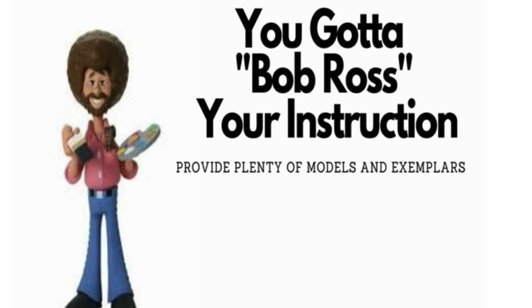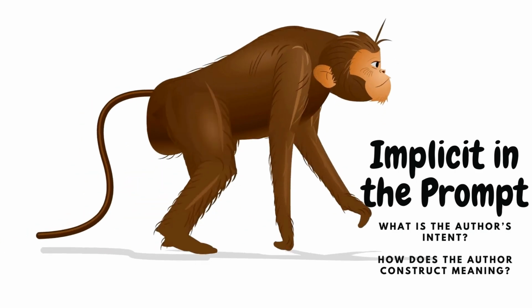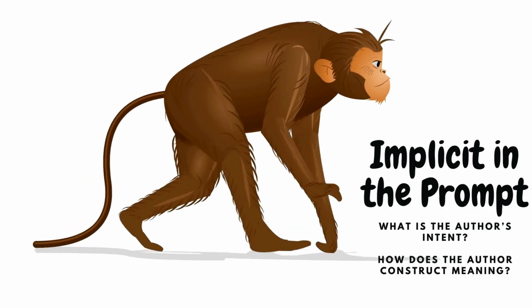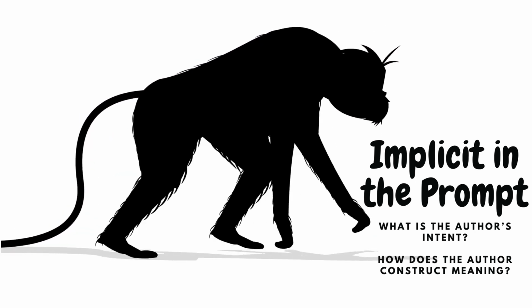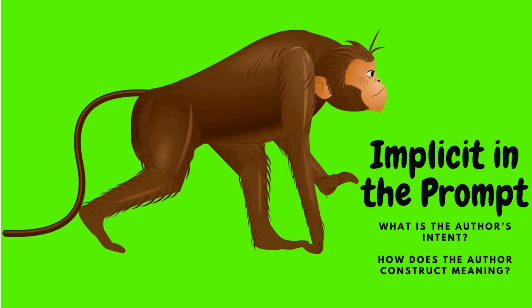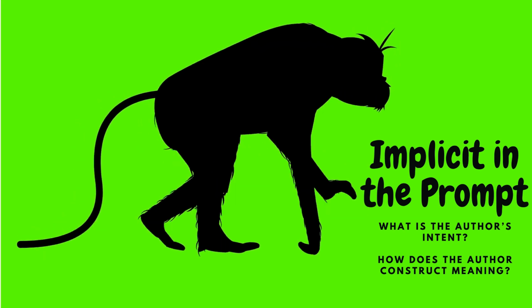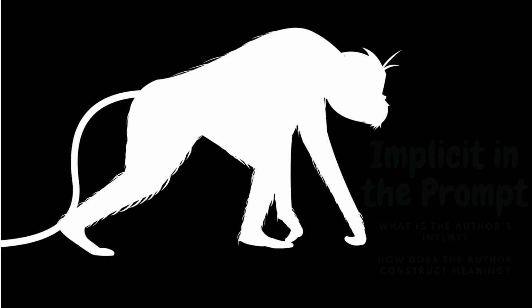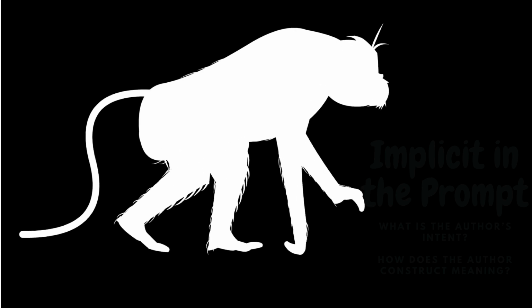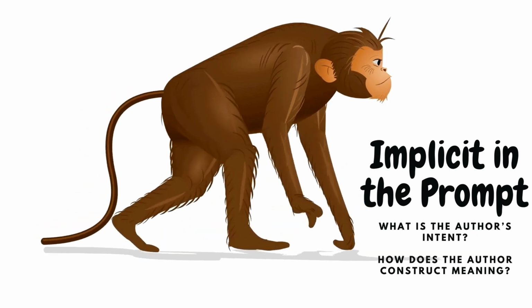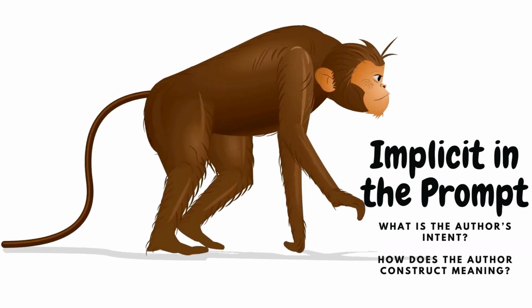But here's the kicker. Implicit in any prompt, and you can go back to the 1970s and investigate this on your own, so any prompt that's really well written for literary analysis, and I always use the College Board as the anchor, the seminal folks of prompt writing, implicit in any of those prompts, you've got two questions.